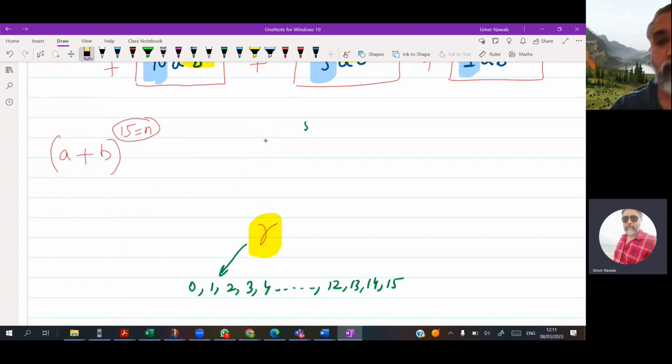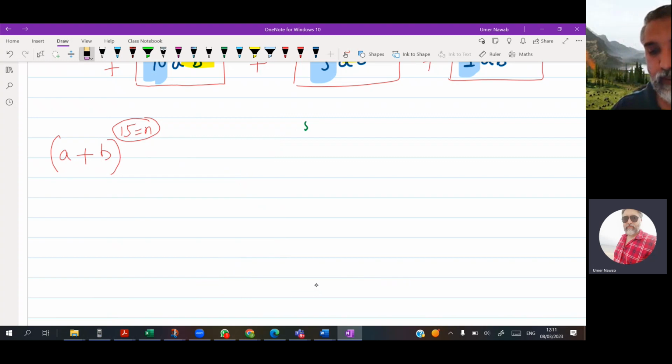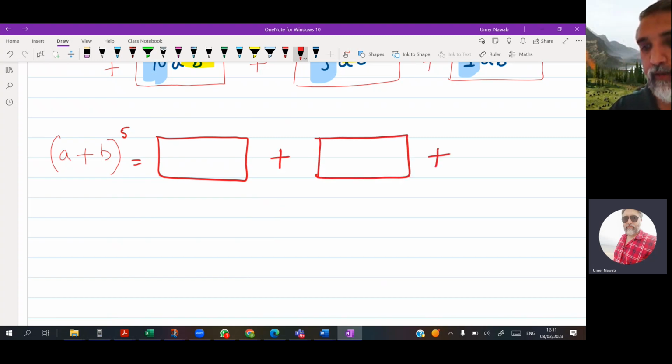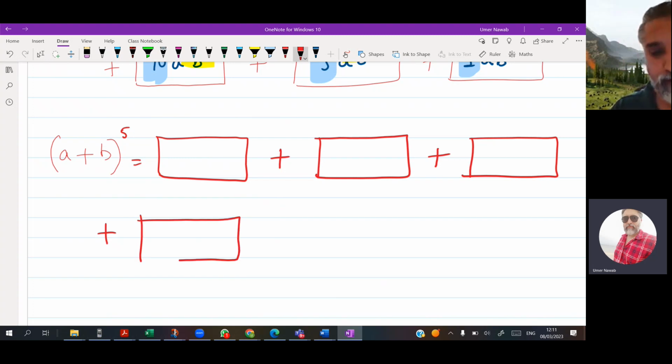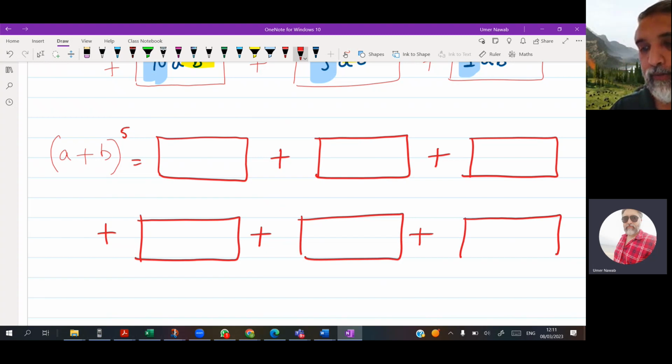So let me try to explain first a plus b whole power 5, but not with Pascal triangle. We all know with the expansion, I'm going to get 6 terms. We all know the first power starts from the maximum.